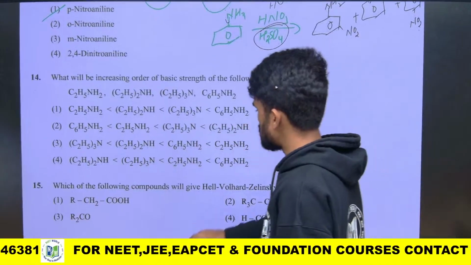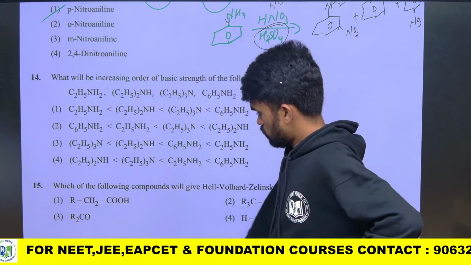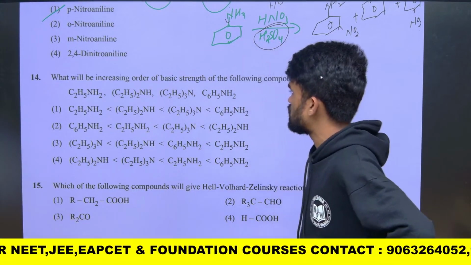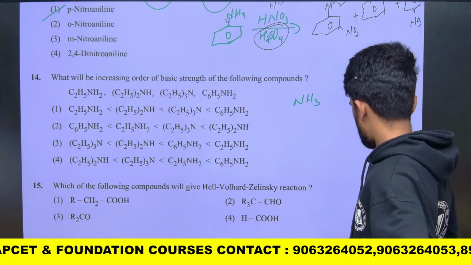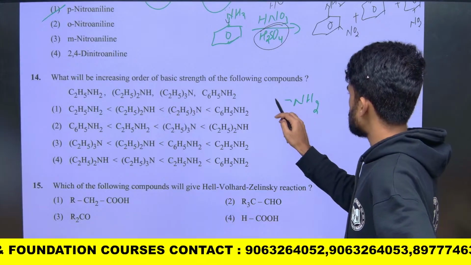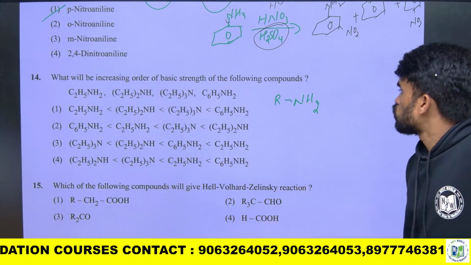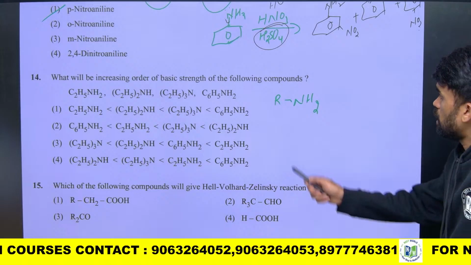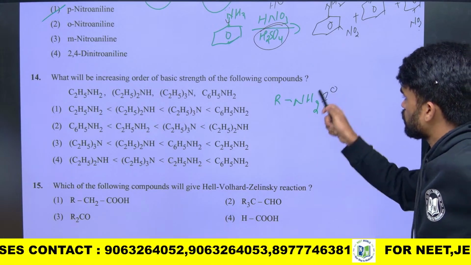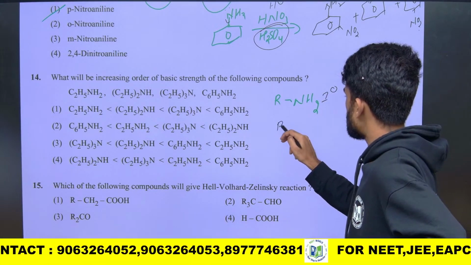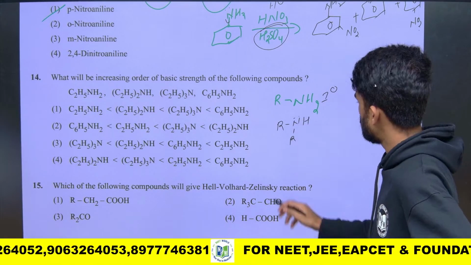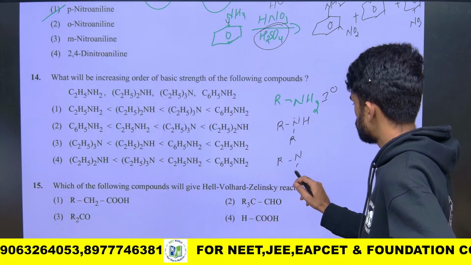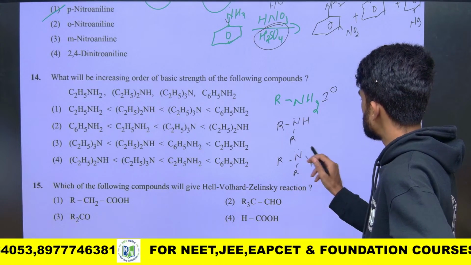Now, basic nature of amines. So how can we answer this kind of question? Whenever nitrogen in amines has only one alkyl group present, we can say that is primary. If two alkyl groups are present, this is secondary. If 3 are present, this is tertiary.